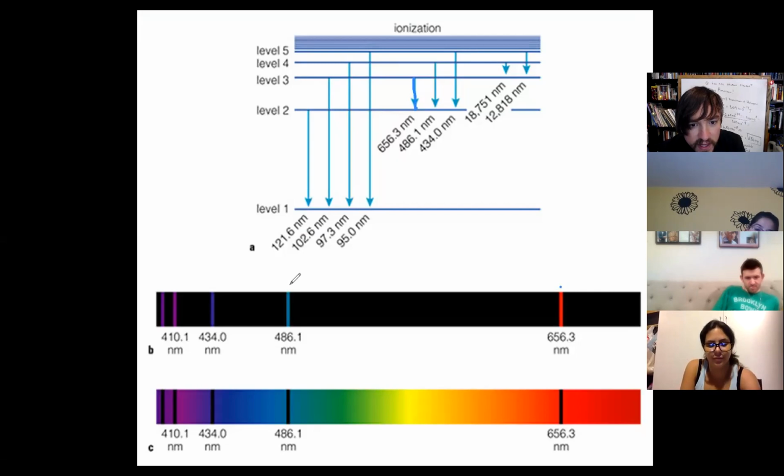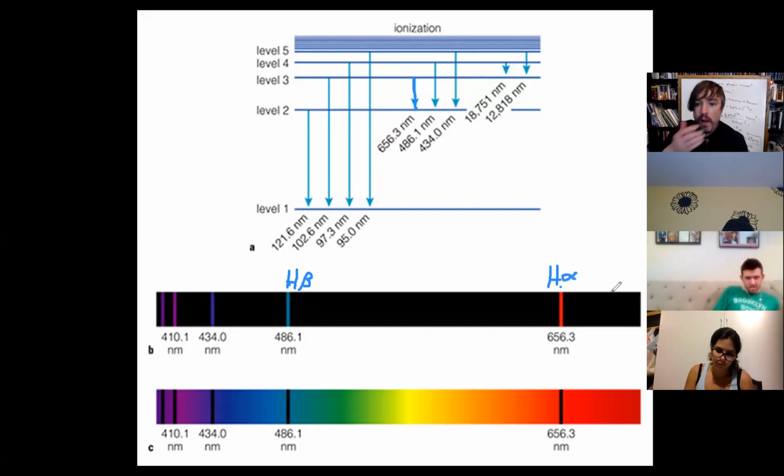What transition is responsible for the blue photon, which is at 486 nanometers? This is called hydrogen beta sometimes. This is hydrogen alpha. What transition causes the hydrogen beta photon? Can you look up here and tell me?